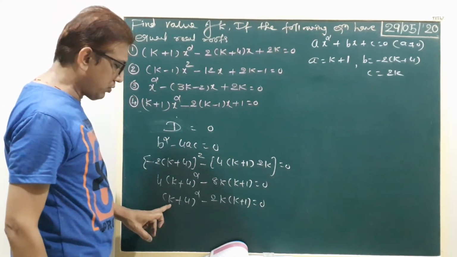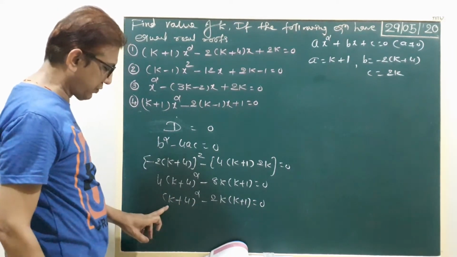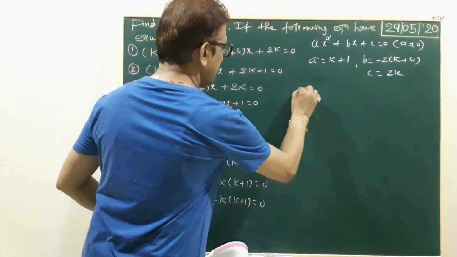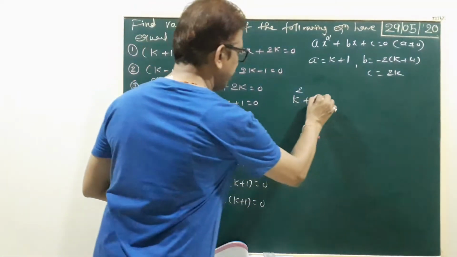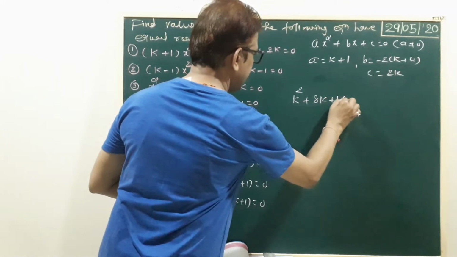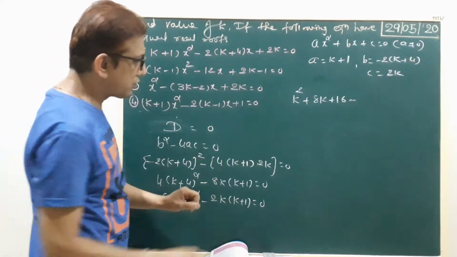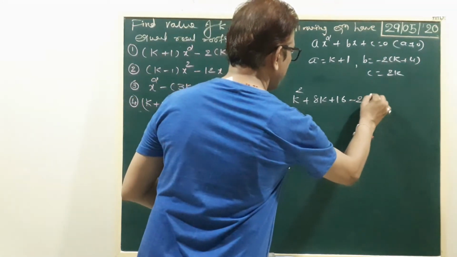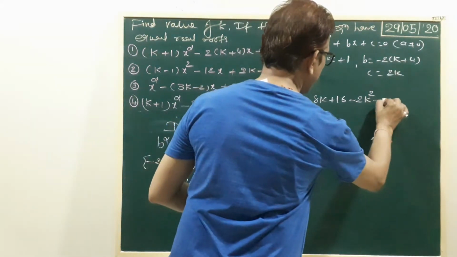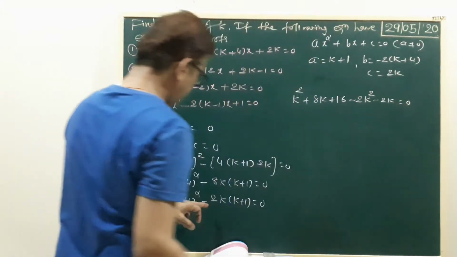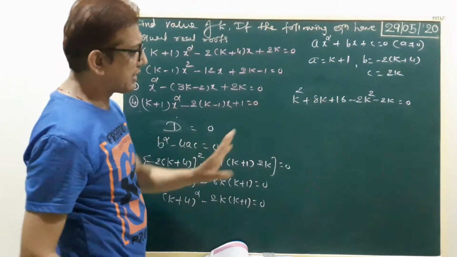Now apply the formula a plus b whole square equals a square plus 2ab plus b square. So k square, 2 4s are 8k, and 4 square is 16. Now multiply by 2k: minus 2k into k is minus 2k square, and 2k into 1 is minus 2k, because here it is minus.